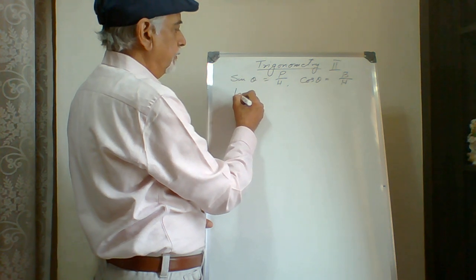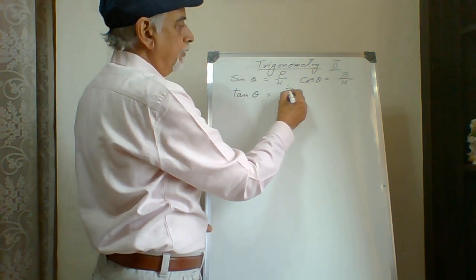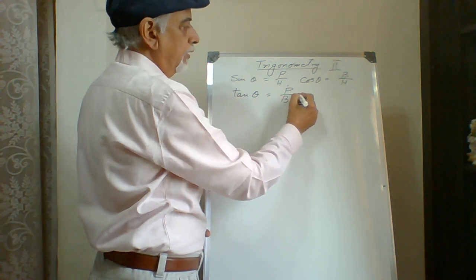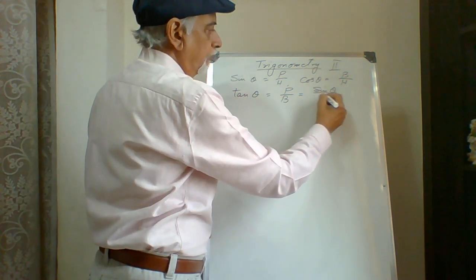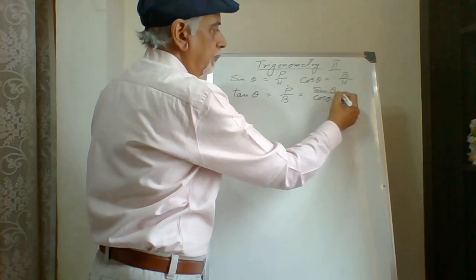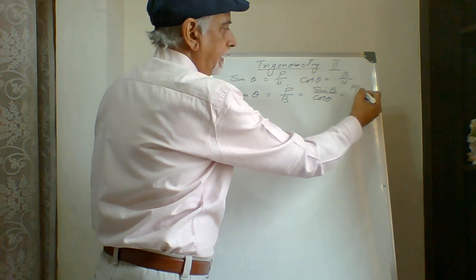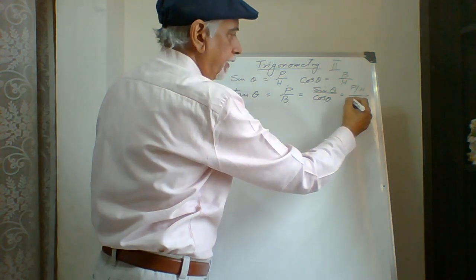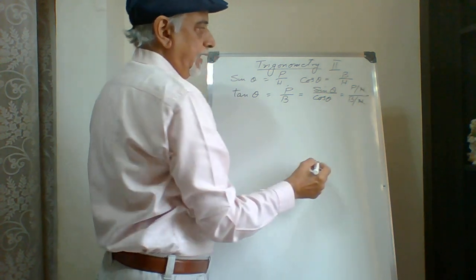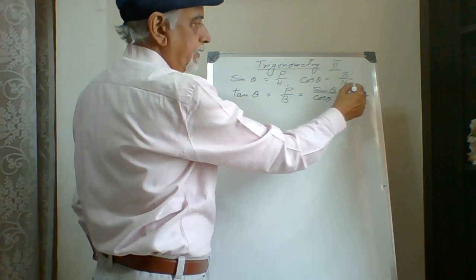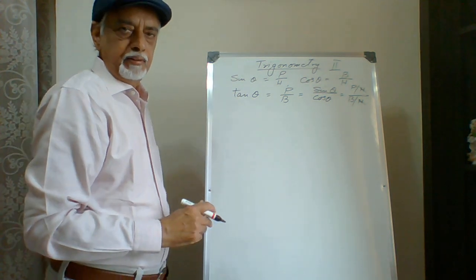And the third ratio is called the tan theta, which is P over B, can also be said to be sine theta over cosine theta. Because when I write sine theta value, it is P over H and cosine theta is B over H. This H and H cancel. So ultimately what you get is P by B. So this much we have learned.